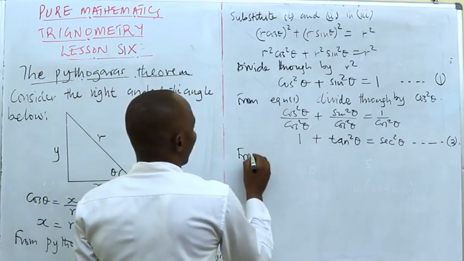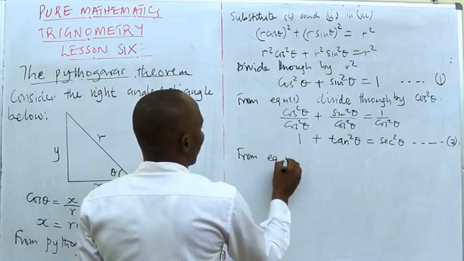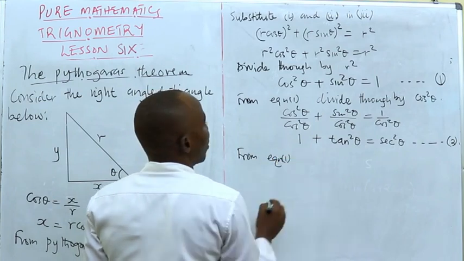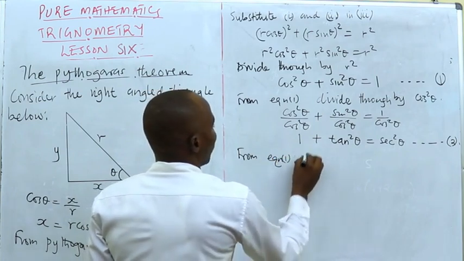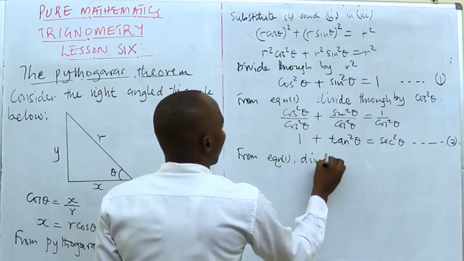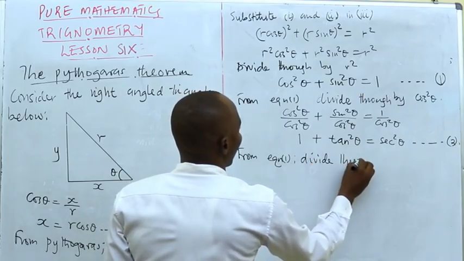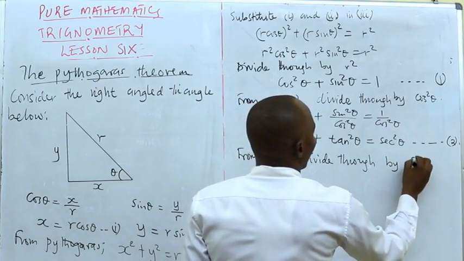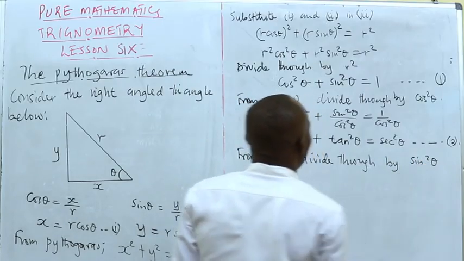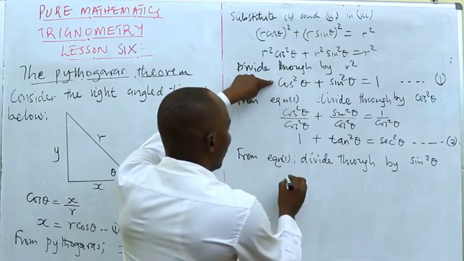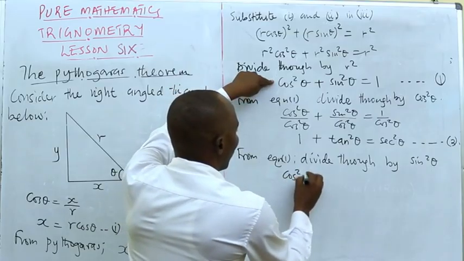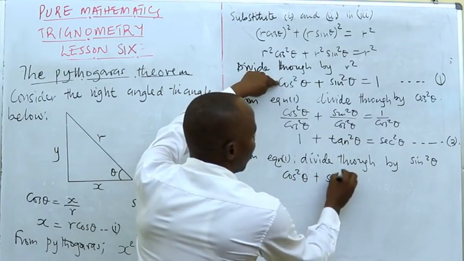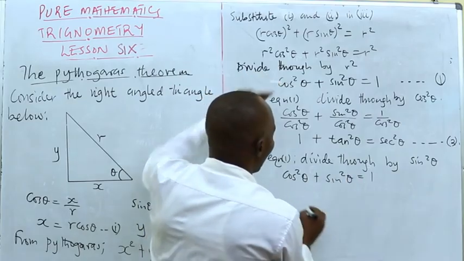Still from equation 1, divide through by sine squared theta. My equation 1 is this: cos squared theta plus sine squared theta is equal to 1.